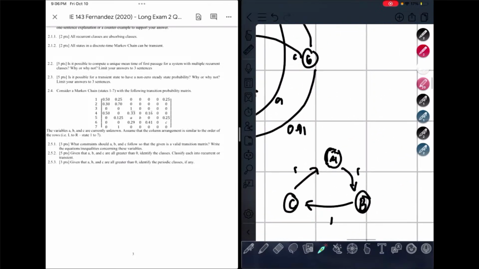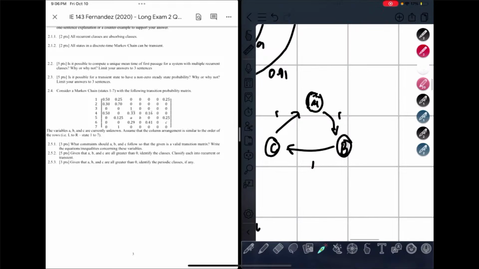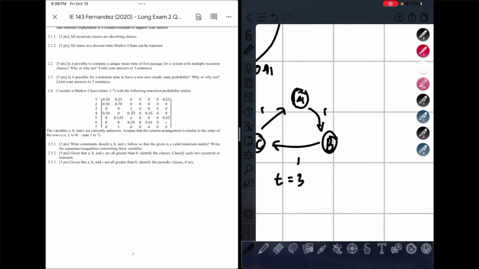So as long as you can find a pattern where it returns to itself, and the clarification here is, when you say t equals 3, that doesn't mean that it always returns every 3 times. It can mean that it returns, let's say, at time 3, and then at 6, then wala siya at 9, and then at 12, babalik siya. That's still periodic with t equals 3.